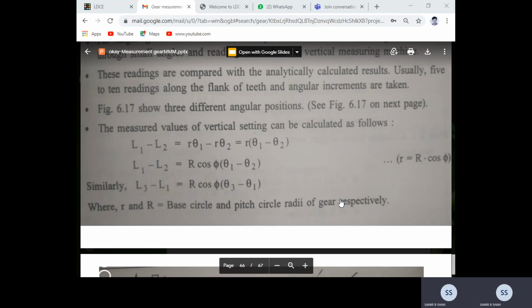So I request all of you to remember all the equations, which may be asked directly, where you just put in the equation and find the answer. At that time you should know the equations of the base tangent method, the constant chord method, and so on.